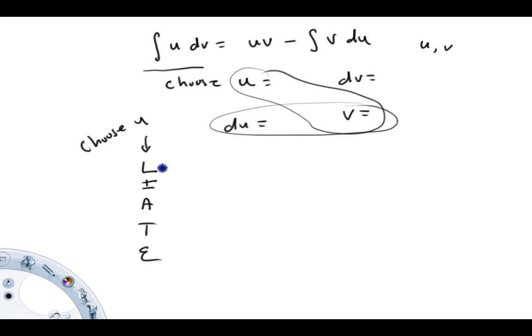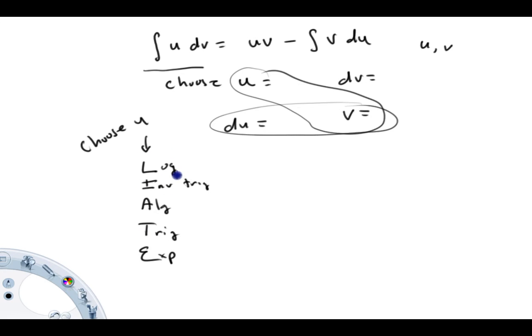Based on this acronym, the L stands for logarithmic, the I stands for inverse trig, the A stands for algebraic, the T stands for trigonometric, the E stands for exponential. So to choose u, we're going to look at our problem and go through the LIATE, and if I see a logarithmic function, that's going to be my u.